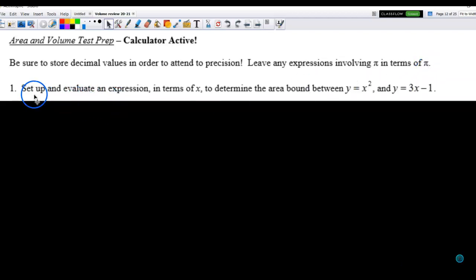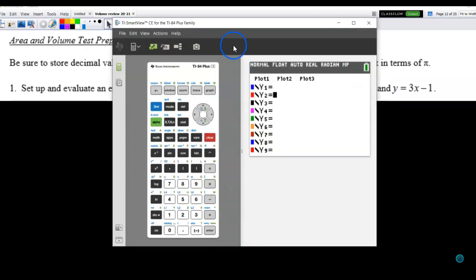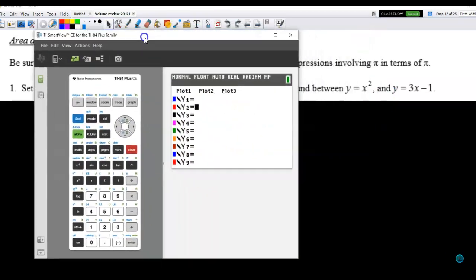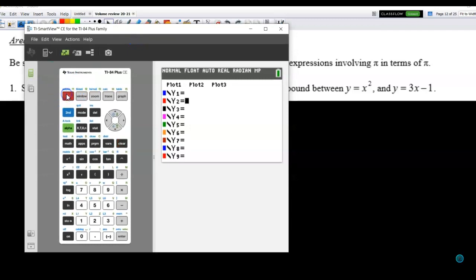So in number one, we are simply setting up, and then we're going to evaluate an expression. Again, we're going to use our calculator in terms of x to determine the area between these two curves. Since we have the use of a calculator, we don't have to graph this by hand, so we'll have y equal to.